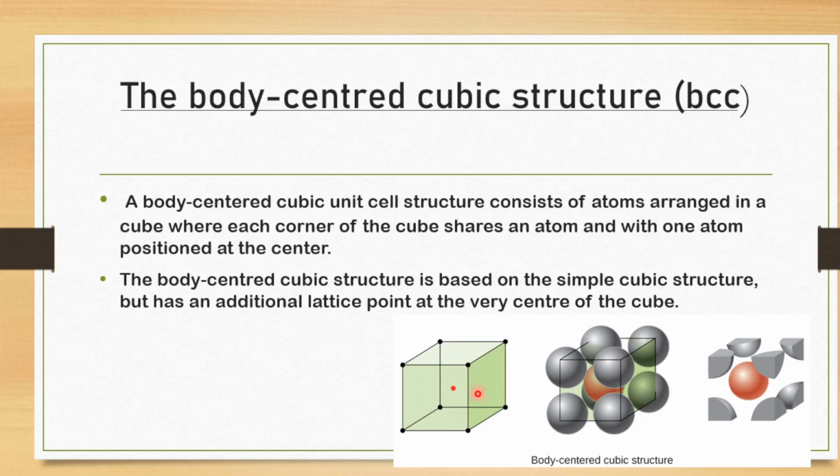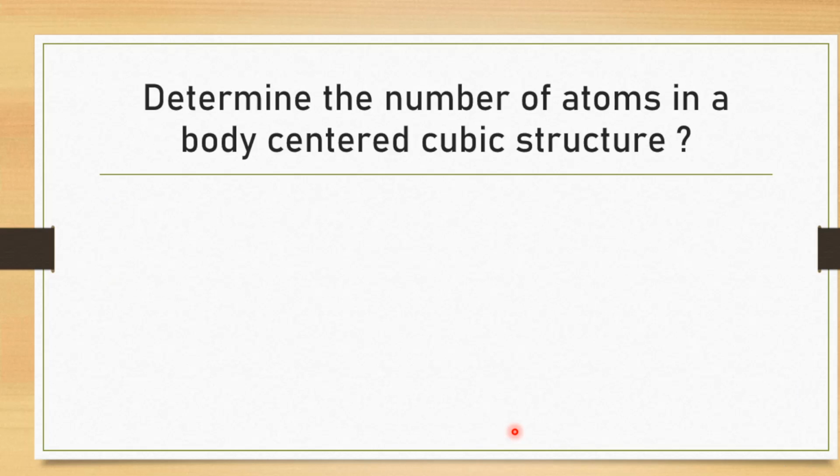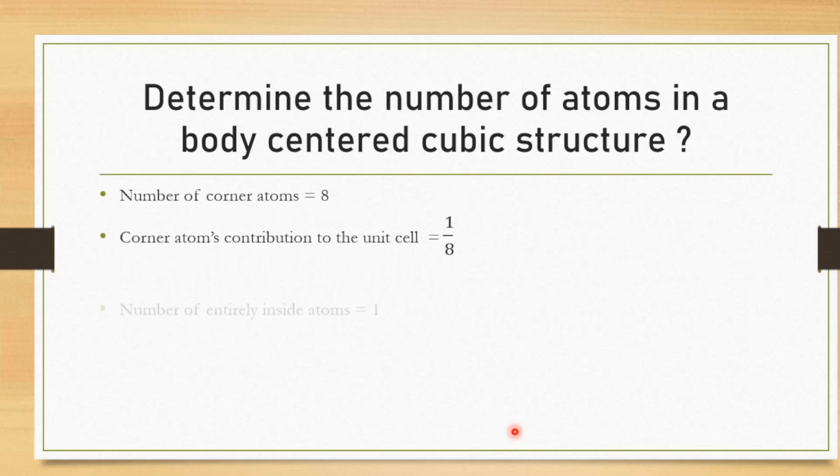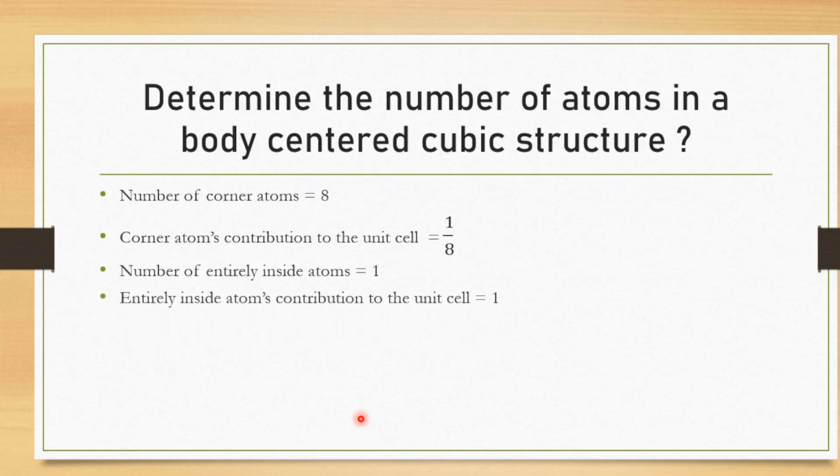So the contribution of this to this unit cell is 1 because it is inside this unit cell. The entire atom is inside the unit cell. That's why.